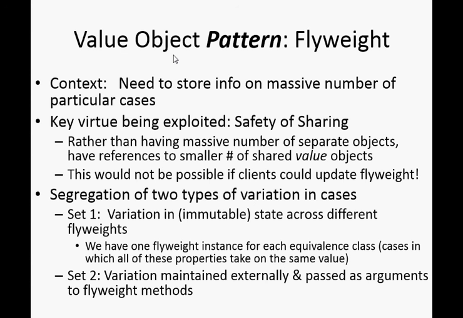So rather than having each character successively in this document, take abracadabra, you will have these guys referring to common objects. So this might be A in a certain font, etc.